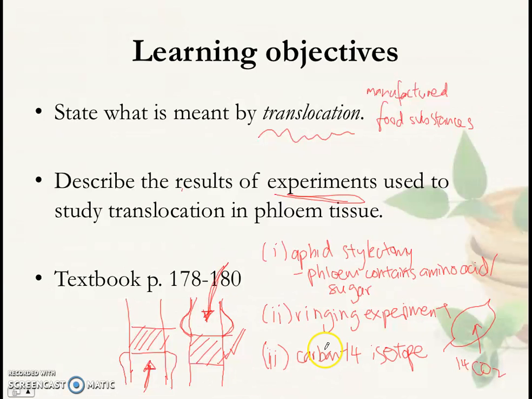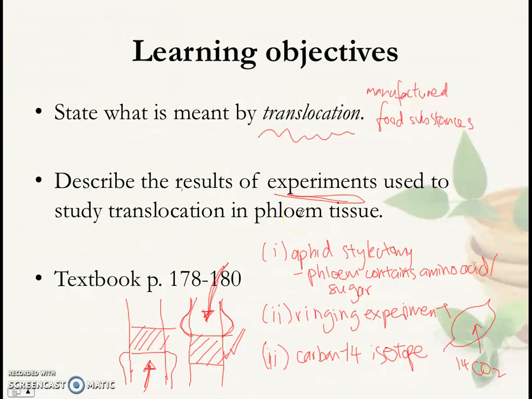There was no radioactive signal from the xylem. So that provides evidence that supports the theory that sugars are transported inside the phloem and not inside the xylem.